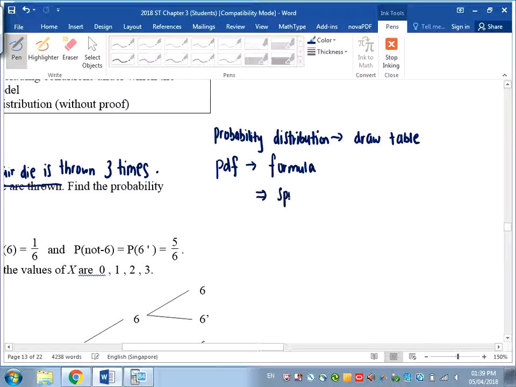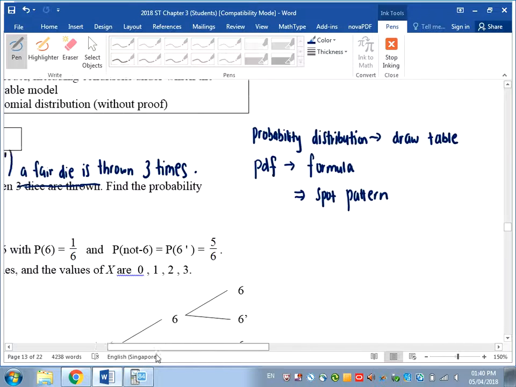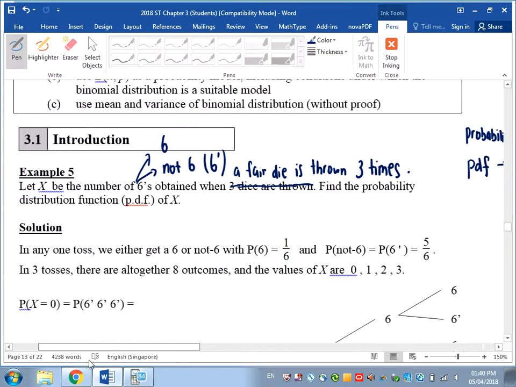I need to spot some pattern in order to identify the formula. But in order to spot the pattern, first of all, I have to list out all the individual probabilities first in order to identify a formula that can help me to summarize everything. So let's do that. We try to solve this question first.